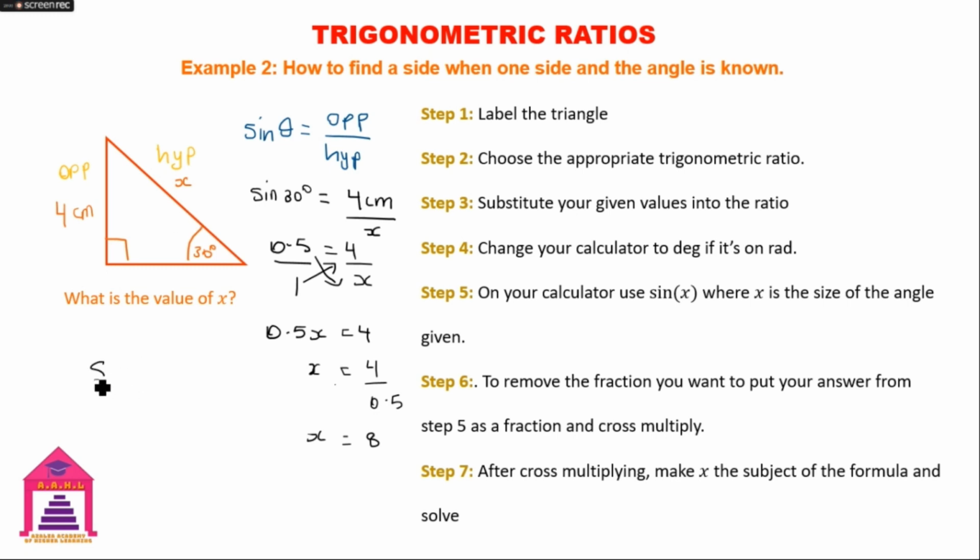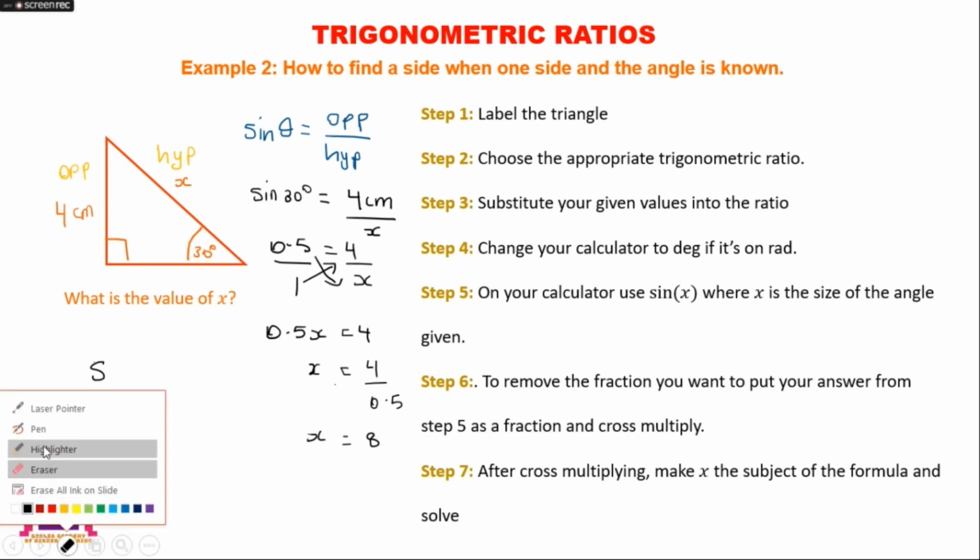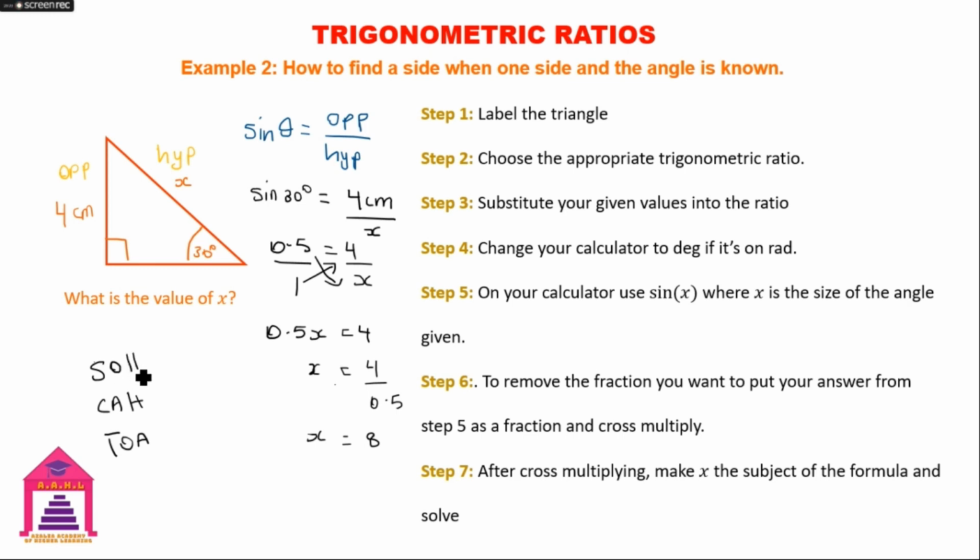So we're going to choose the right trigonometric ratio. Sine theta is equal to opposite over hypotenuse.